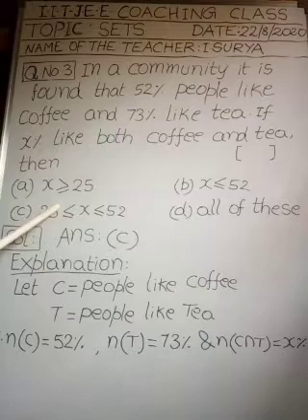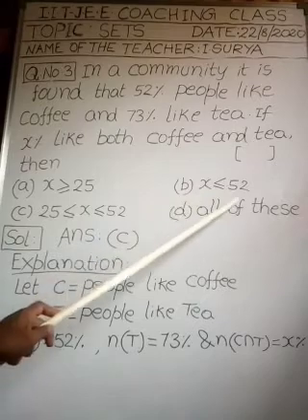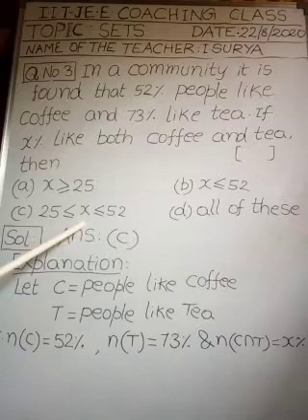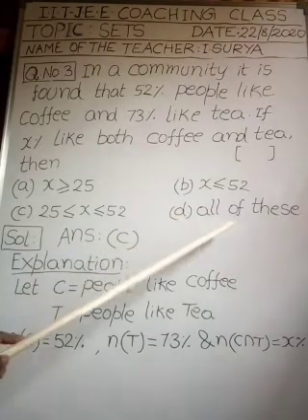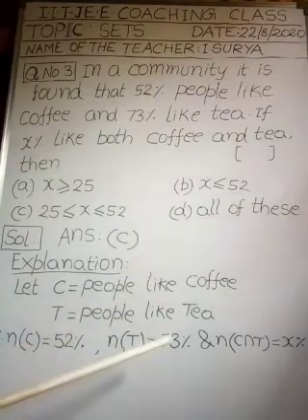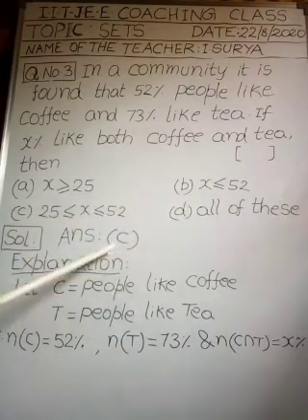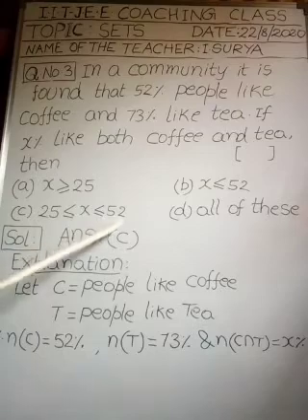First option, X is greater than or equal to 25. Second option, X is less than or equal to 52. Third option, 25 less than or equal to X less than or equal to 52. And the fourth option, all of these. Out of all these four options, third option is correct.